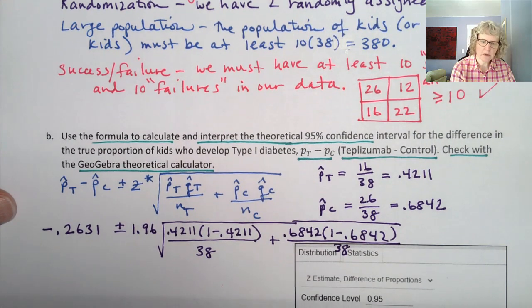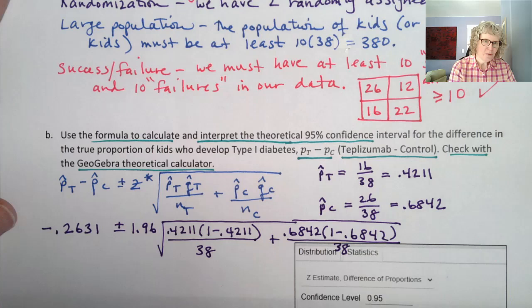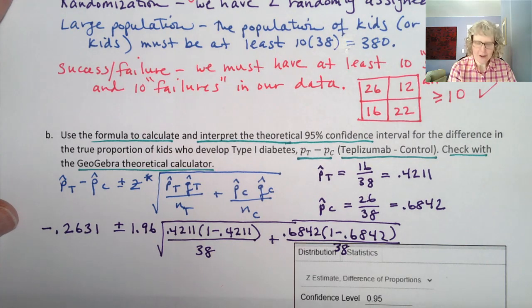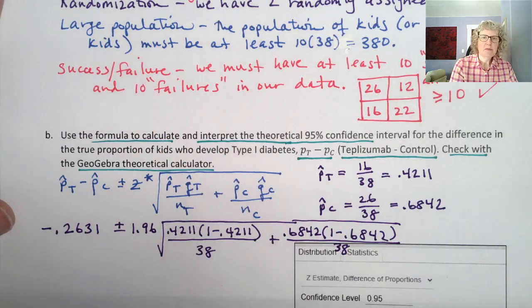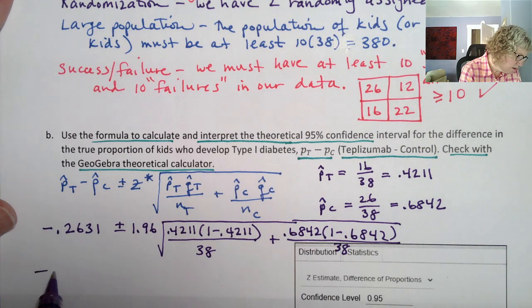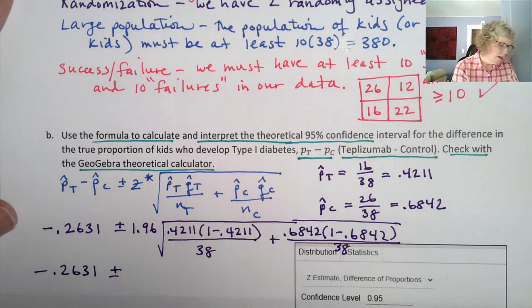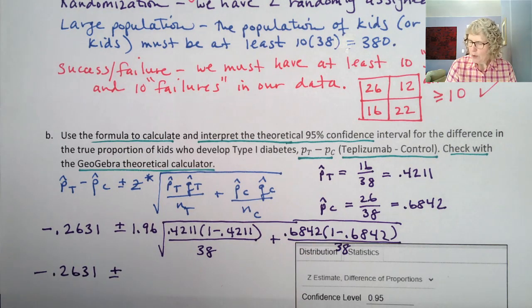Okay, hopefully you can see that okay. Now, this is where I would strongly recommend the Desmos online calculator, right? We can do this on here, but it's going to be harder to find a mistake if we have a typo or something. So I'm going to write my difference, negative 0.2631 plus or minus. Just like before, I want to do the whole margin of error at one time because I don't want additional round off error from what I've already got.